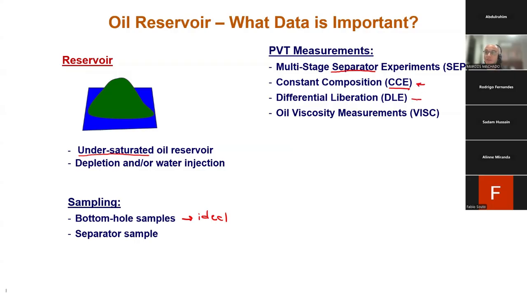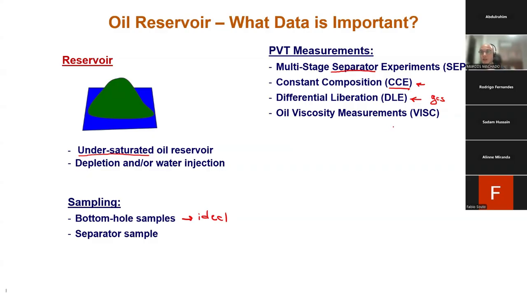This experiment can be key, however, it assumes that the pressure is below the saturation pressure. This is important because only in this experiment do you have gas released. So to calibrate the gas properties in the reservoir conditions, you should have a differential liberation available for your fluid. And viscosity, as I said yesterday, is another experiment.